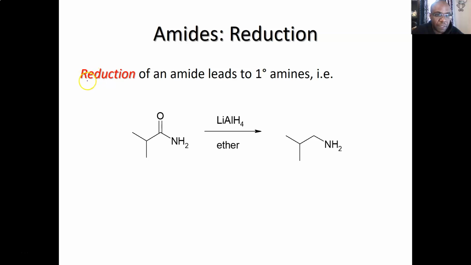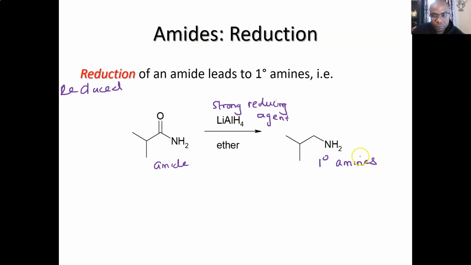Like esters, amides can be reduced, okay, and you have to use this strong reducing agent. We talked about this before. We said that lithium aluminum hydride reduces esters to primary alcohols. Here it's going to reduce amides to primary amines.